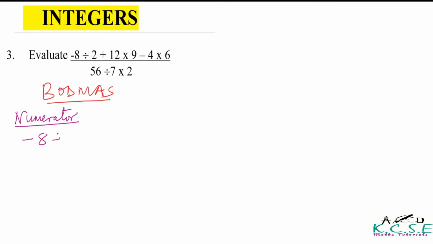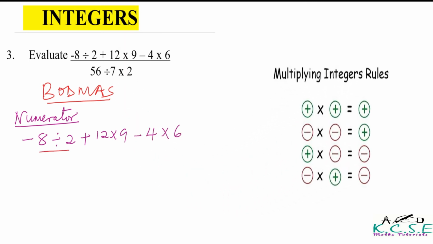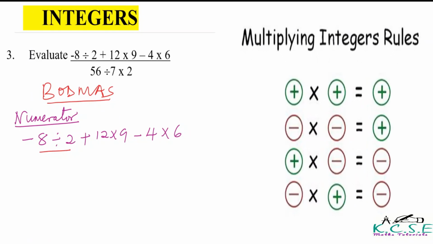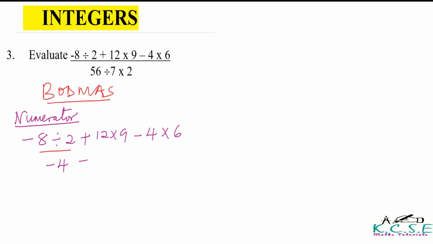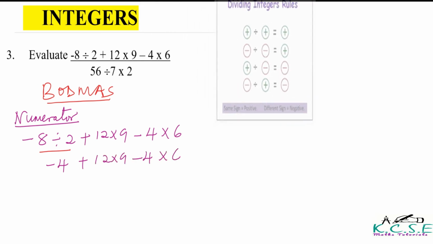Negative 8 divided by 2 plus 12 times 9 minus 4 times 6. So the first operation that we should begin with is division. So we work out that first. Negative 8 divided by 2 will give negative 4 plus 12 times 9 minus 4 times 6.